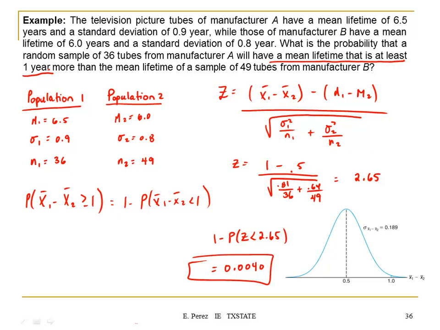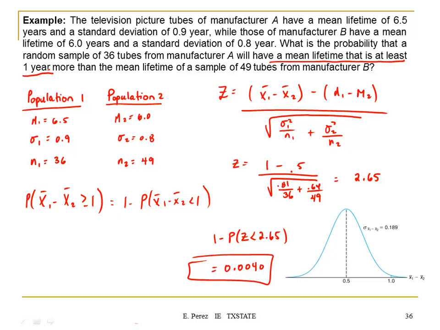So that probability has to be greater or equal to 1 year. That makes sense? Any other question?